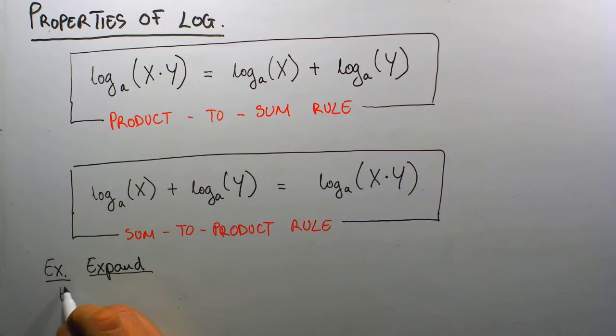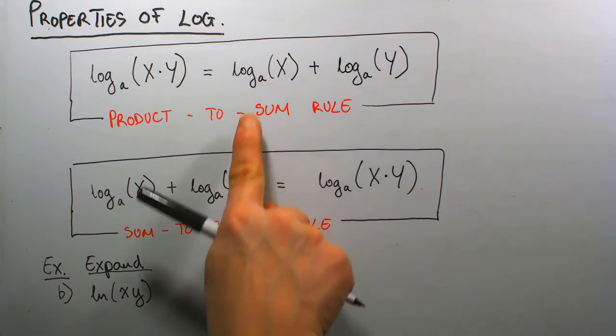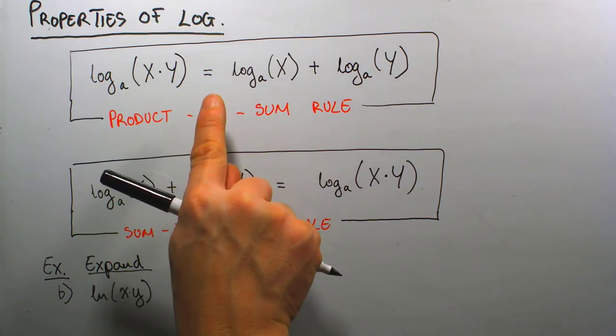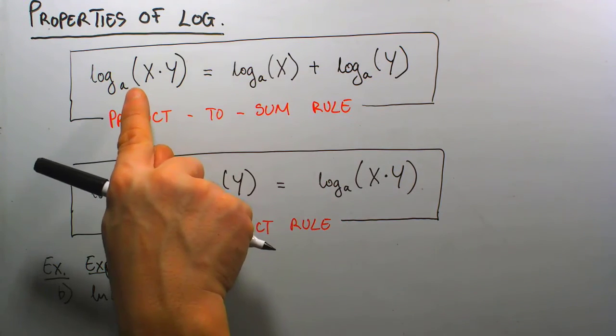We can look at another problem where we can expand a log expression. Let's say now I'm looking at natural log of xy. And so this is just a matter of following exactly the formula. It's a product x times y inside of the log, and here it's log base e, but this product to sum rule is for logarithm of any general base.